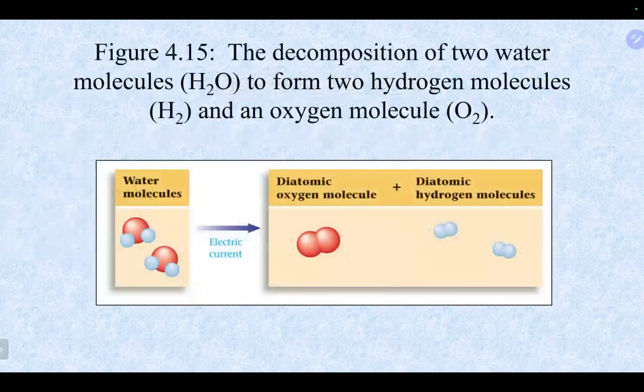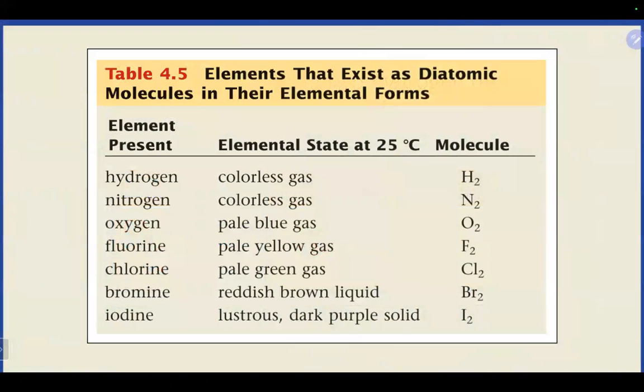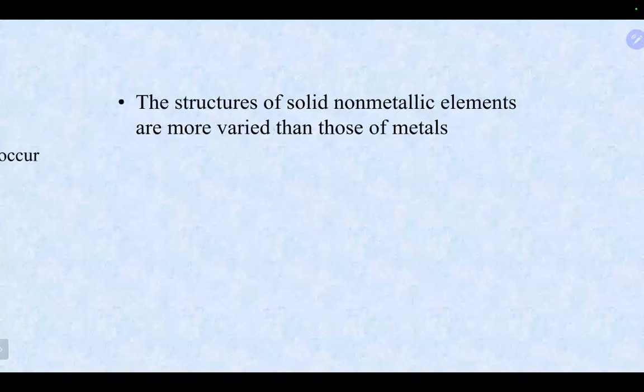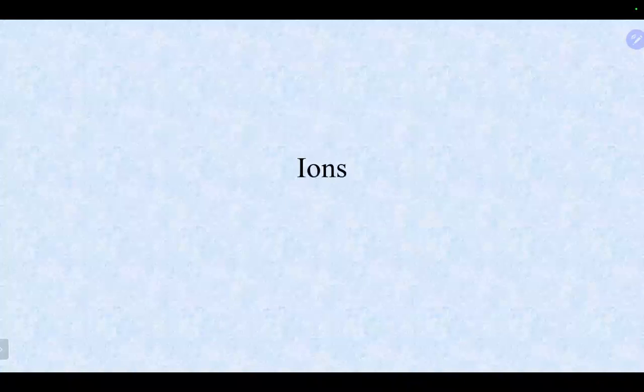As I mentioned before, diatomic molecules are two atoms together, and oxygen and hydrogen are two nonmetals that are diatomic. And here's the rest of those, which are our nonmetals. All right, we're going to skip through that one, I think.